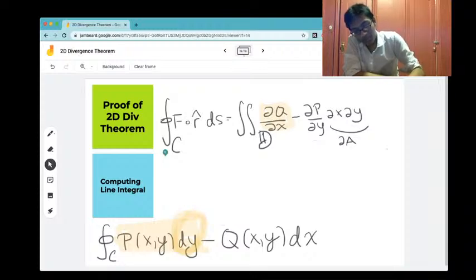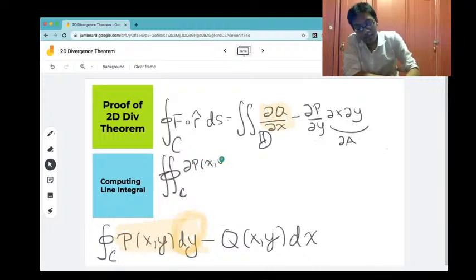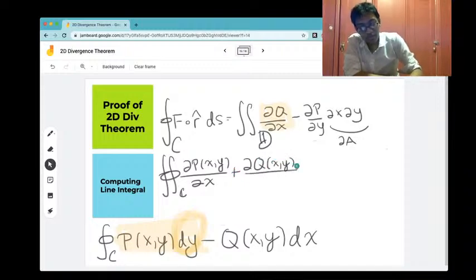So the double integral over some kind of a closed region, let's call it C, and what's going to happen is I'm going to substitute Q for P of x y. So I'll have partial P of x comma y with respect to partial x, and from that I'm going to subtract partial P. But of course P in this case is negative Q of x y, so that negative will become positive, and I'll be left with partial Q of x comma y with respect to partial y.